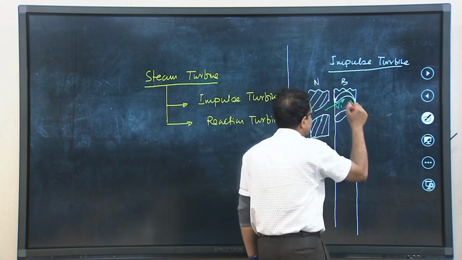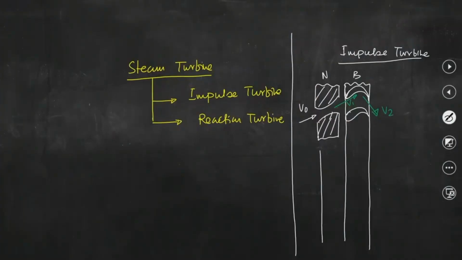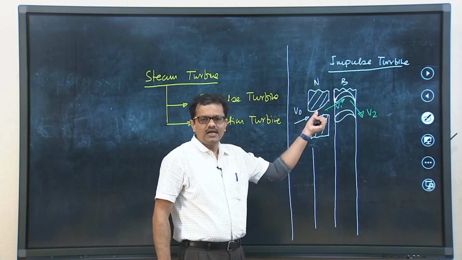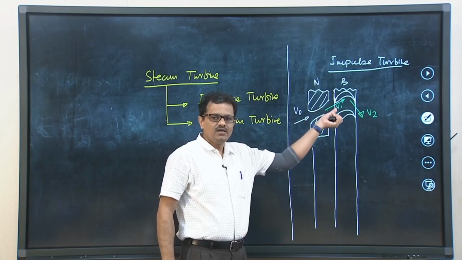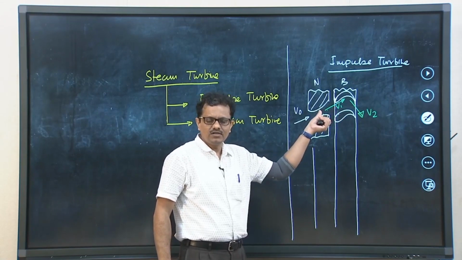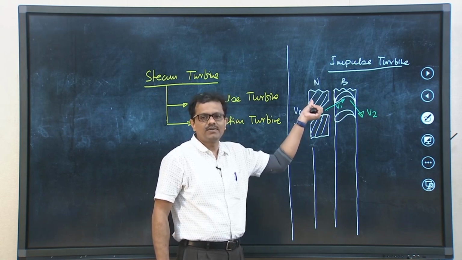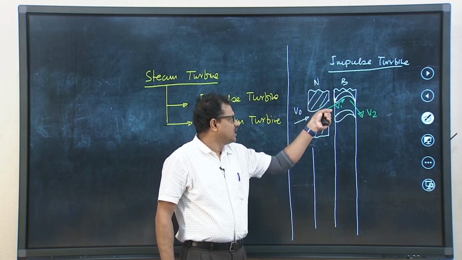I am writing nozzle and blades with a velocity V2. So, steam entering the nozzle at velocity V naught expands inside the nozzle, and the velocity at the exit of the nozzle would be V1. Definitely V1 is greater than V naught, and that is why this particular mechanical device is there.